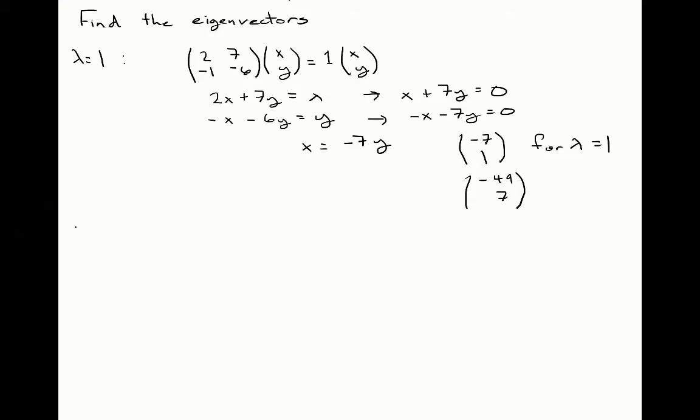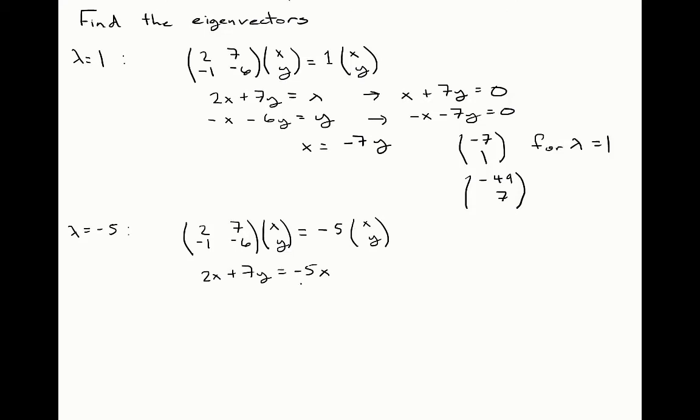Now for our next eigenvalue, we have lambda equals minus 5. So we're still setting up the same thing, but now instead of 1 being our scaling factor, minus 5 is our scaling factor. If we multiply that out, this is what we get from the top row. The bottom row is going to give us the same thing, so I'm not going to bother to use it.